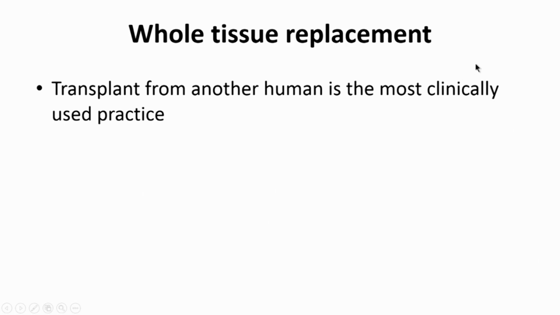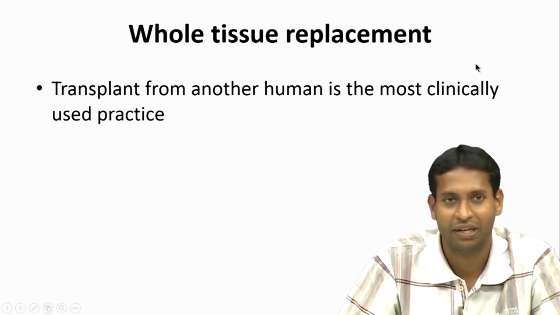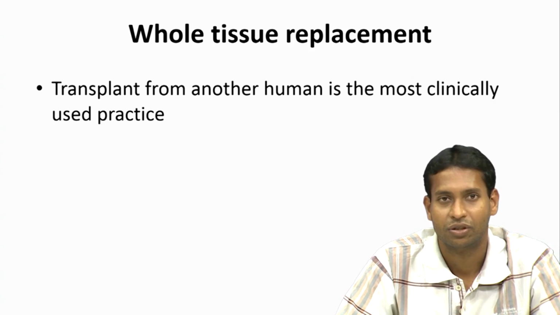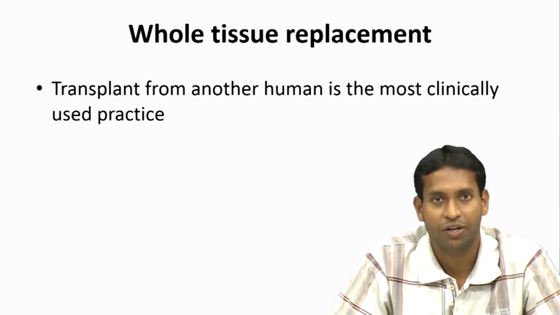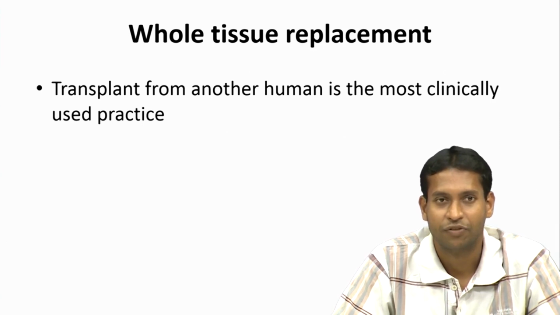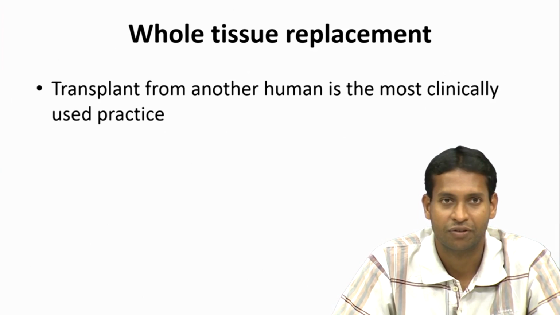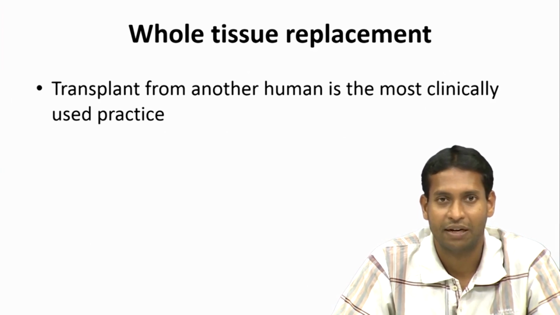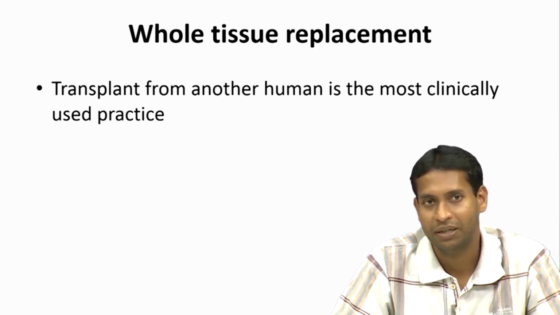Okay, so let us discuss each of these points in a little more detail. For a whole tissue replacement, let us talk about what technologies are out there. One, and you might have heard of this, is organ donation. One is to have it transplanted from another human.